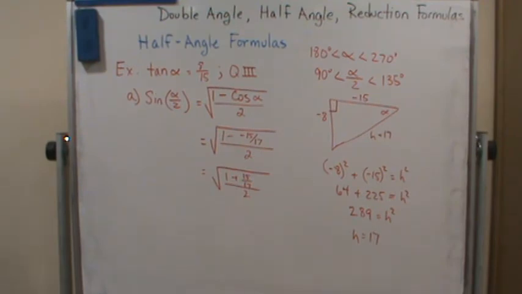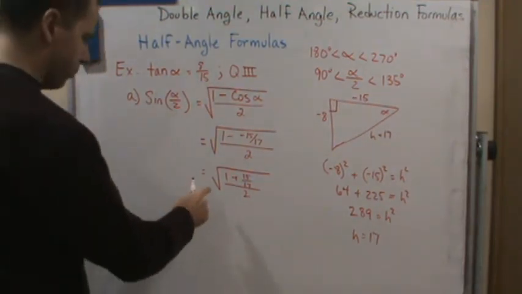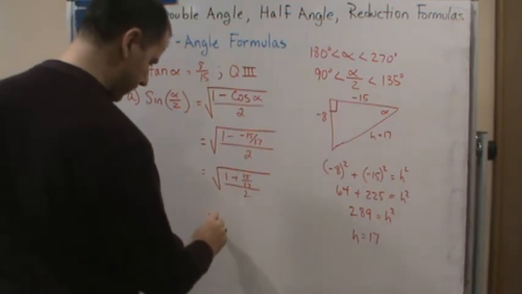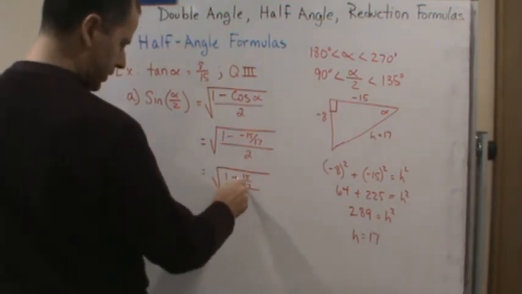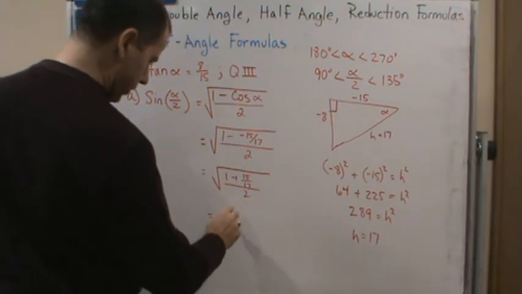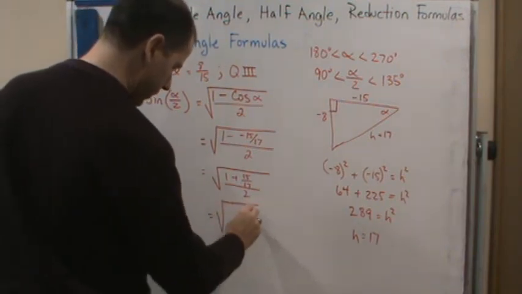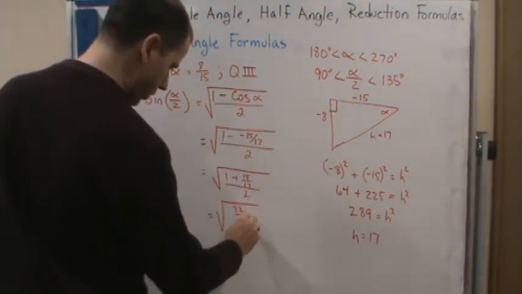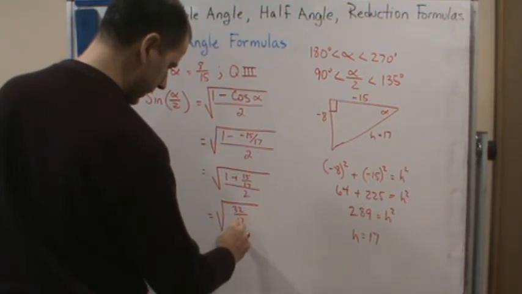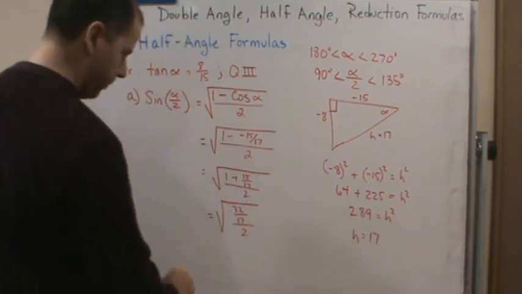We can write the 1 as 17 over 17, and 17 plus 15 is 32, so we get 32 over 17 divided by 2.